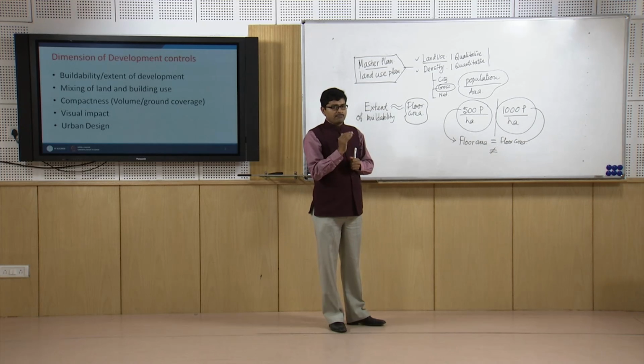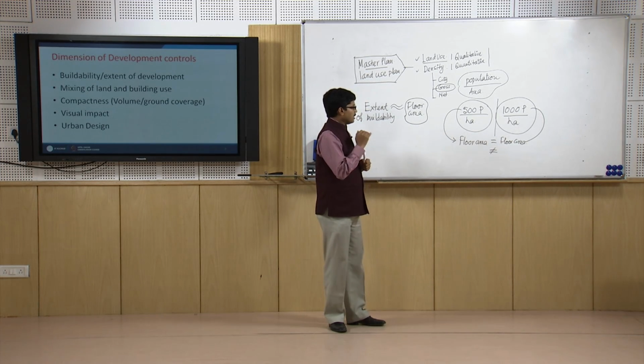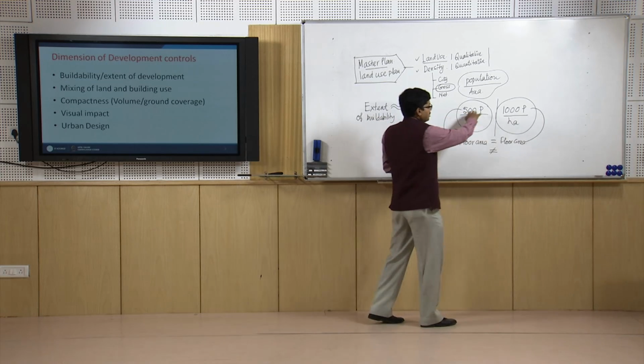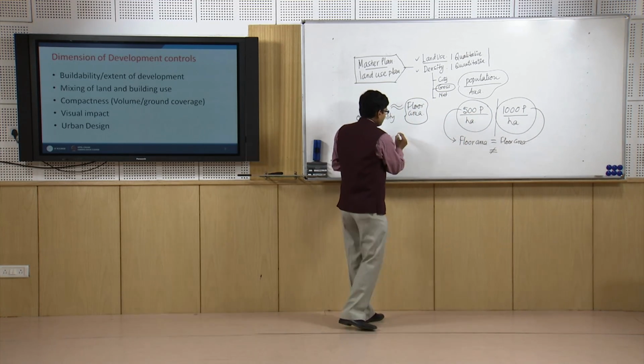So if the maximum floor area is equal, then how can we vary the density? Here comes another variable, that is the economic group.